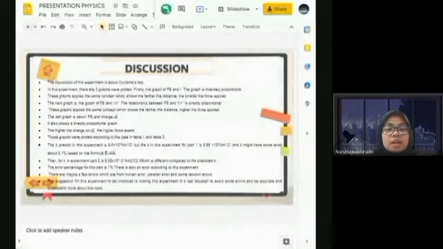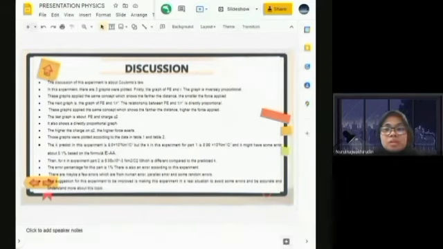The error was 0.1% and was calculated using the formula E minus A over A times 100%. After that, K for part 2 is 8.98 times 10 to the power of negative 3, and the error percentage is 1%. Errors that may occur are human error, parallax error, and some random errors.